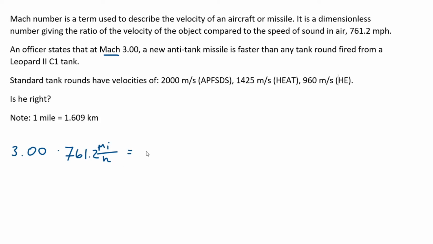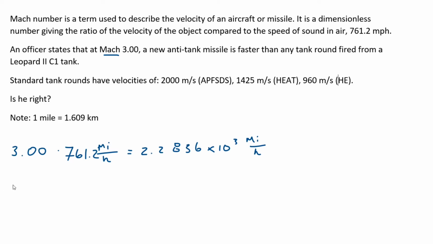Okay, and this is 2.2836 times 10 to the 3 miles per hour. Okay, and again, we're going to keep all of these figures for now, every digit in that answer. Just because we're not at the end, we can bring it back down to the correct number of significant figures when we reach the final answer.